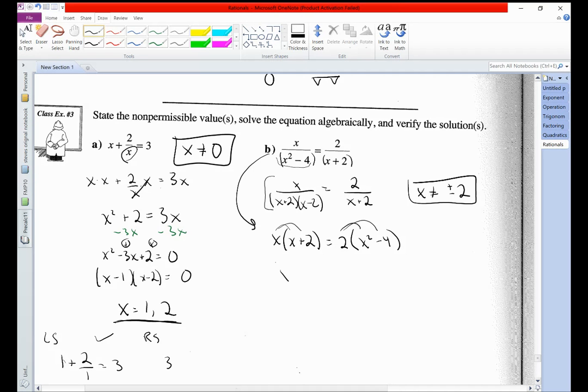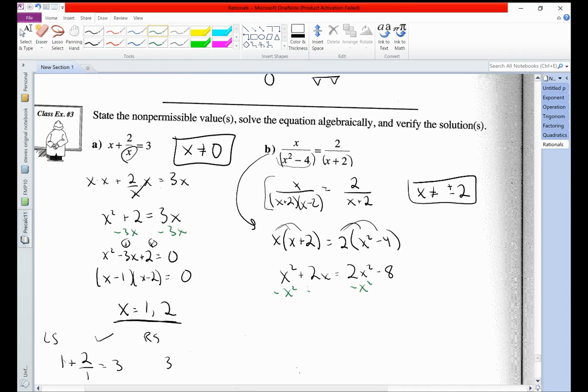So I have x squared plus 2x is equal to 2x squared minus 8. Or I can move everything over to one side of the equation. It doesn't matter which side, but in this case, I'm going to move everything to the right side because when I subtract x squared from both sides, it still leaves me with a positive x squared term.